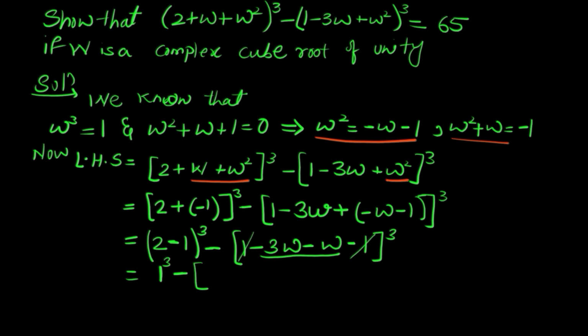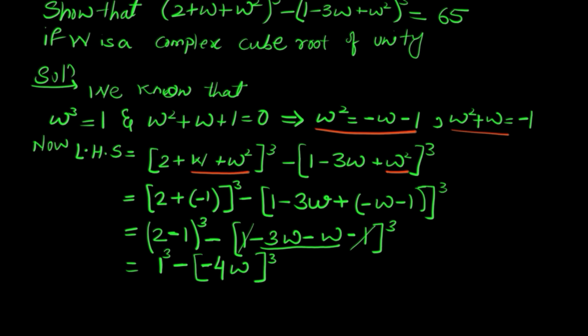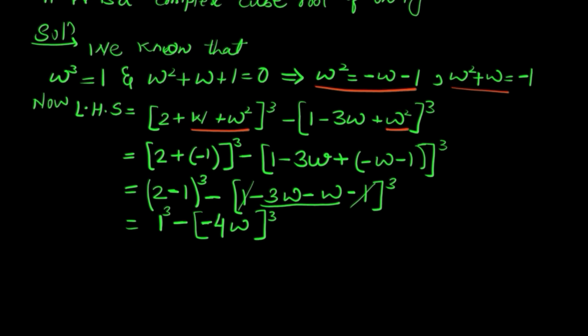So minus 3w minus w is minus 4w, the whole cube. Now 1 raised to cube is 1, minus minus 4w raised to cube. Minus 4 raised to cube means minus 4 multiply minus 4 multiply minus 4. 4 fours are 16, 16 fours are 64. But here minus and minus is plus, and plus minus is minus.